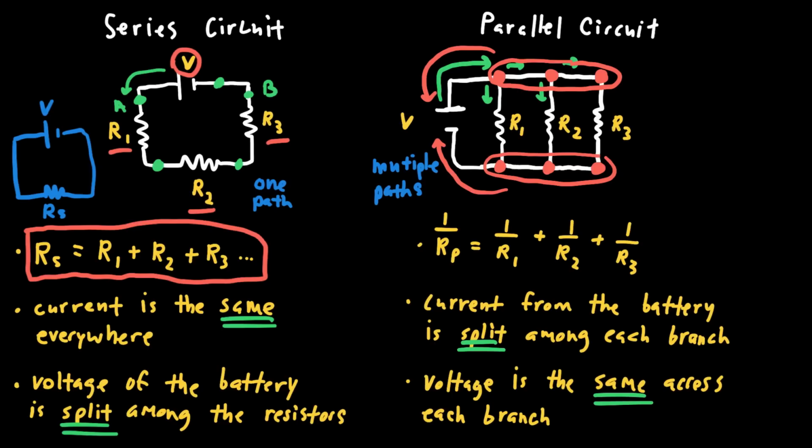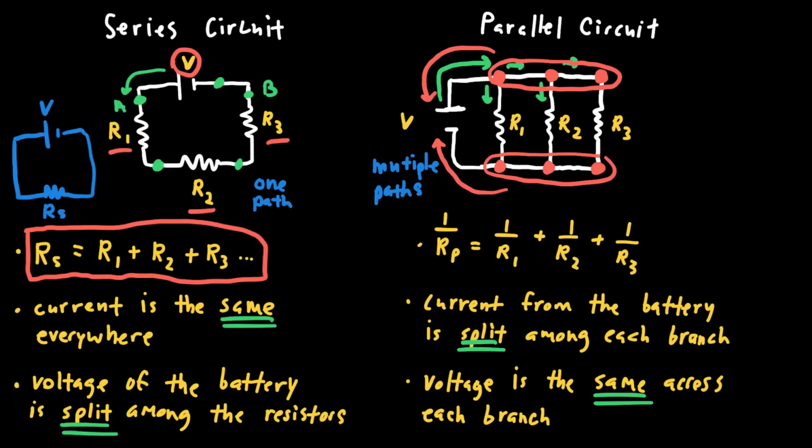And so for that reason, it could be said that every resistor in this circuit is connected directly to the battery. So every resistor in the circuit not only gets the same voltage, but they get the same full voltage of the battery.